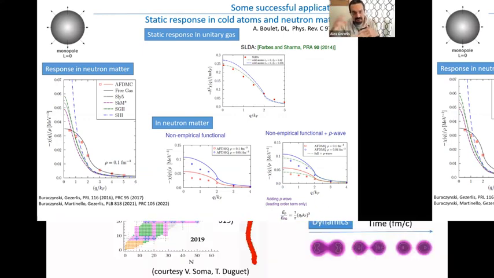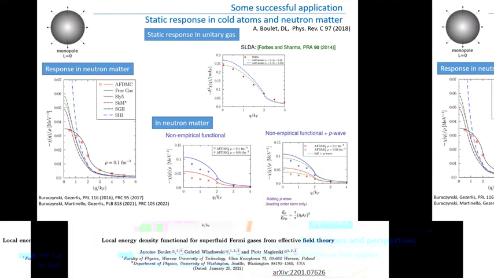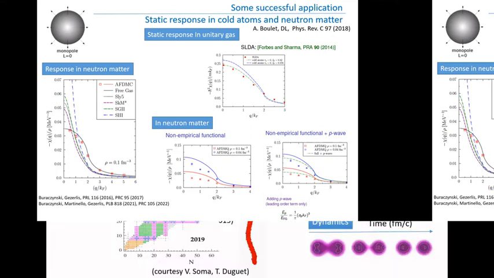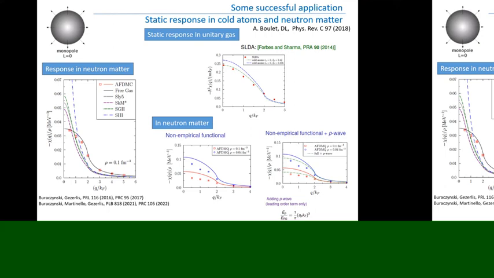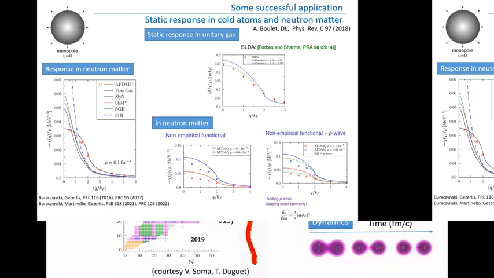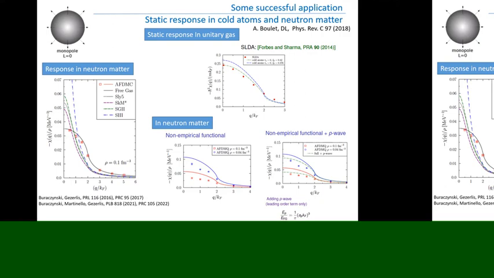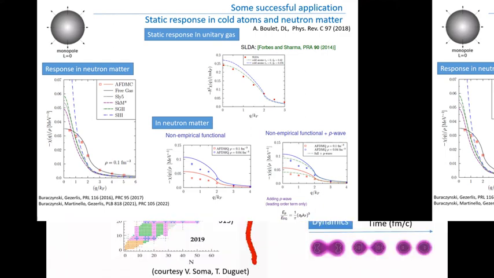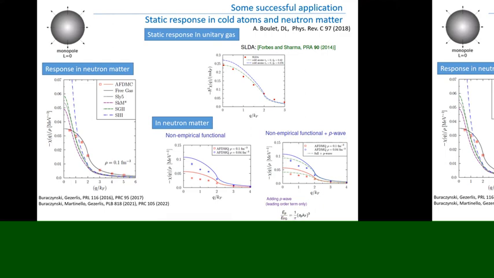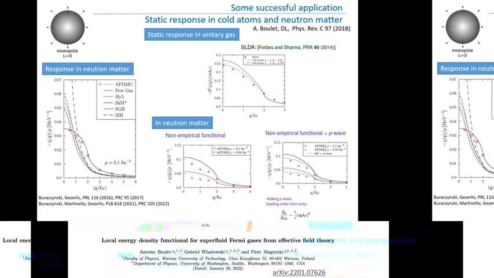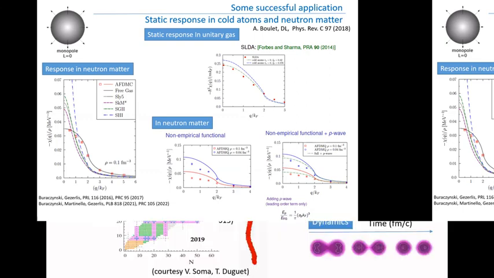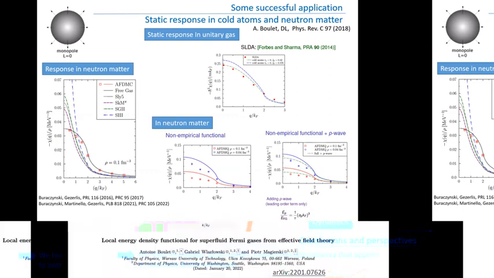So this could be a fortuitous cancellation of higher order terms. Yeah, but this is a question actually. The good part is that we had the good shape of the static response, which was not the case for the traditional Skyrme functional theory. But then the test on the P wave was just: we put in the P wave, the linear contribution, and then we look at what's happening. So it's just a test. We cannot say much more on this. At density 0.1, you are beyond P wave. This you should probably see in your calculation.